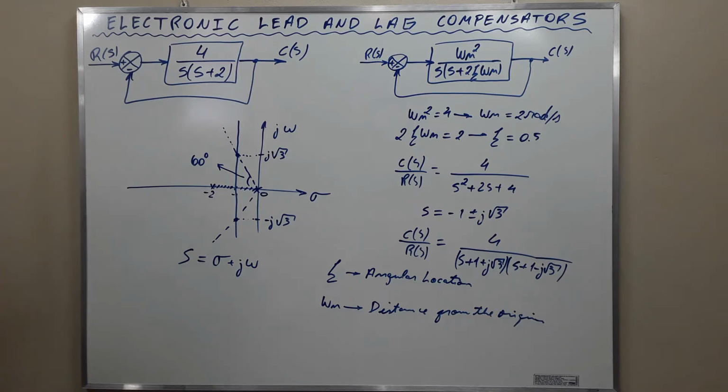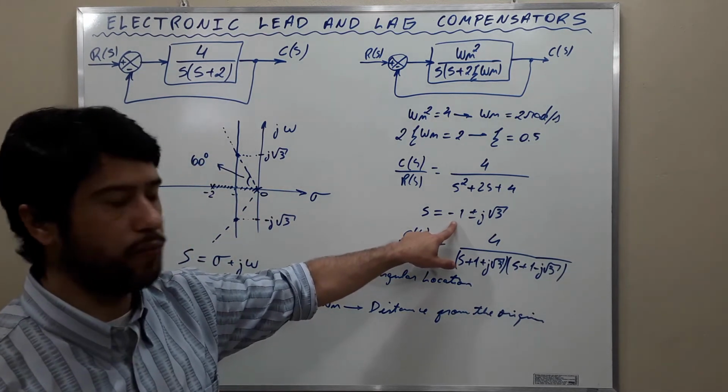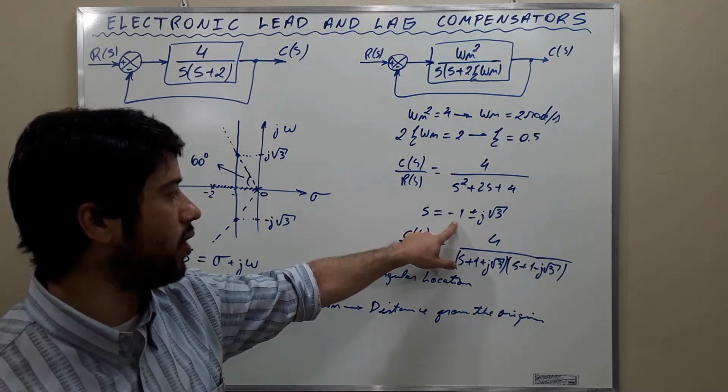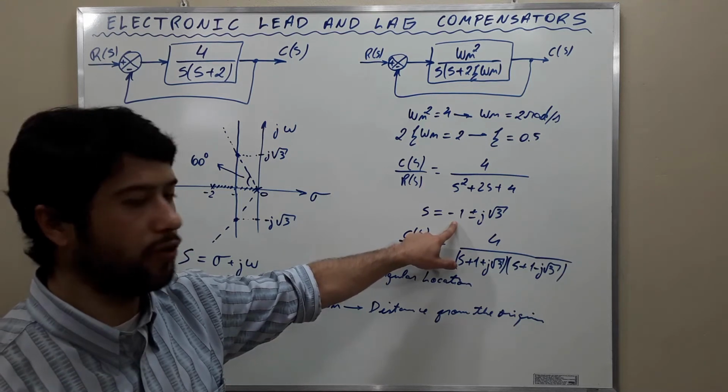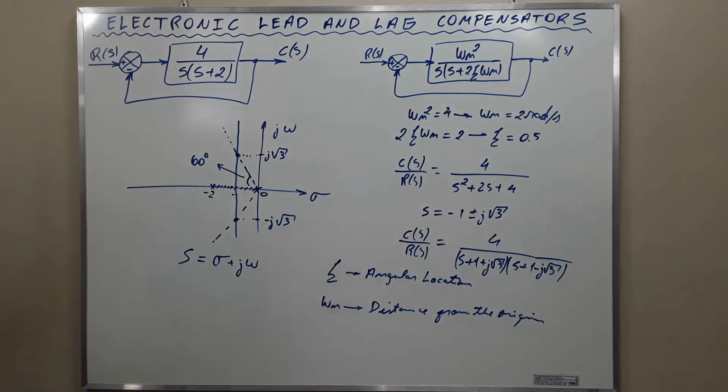But this is not the desired location of the pole. Okay? We have a closed loop pole at minus 1 plus j square root of 3 and minus 1 minus j square root of 3. This is not the desired location of the pole. What is then the desired location of the pole?